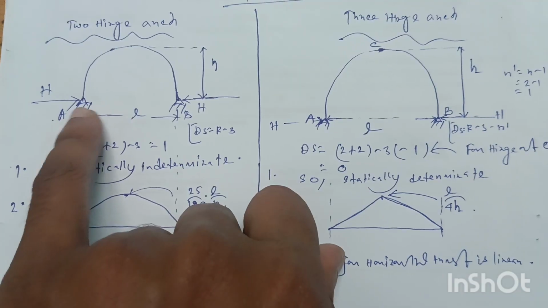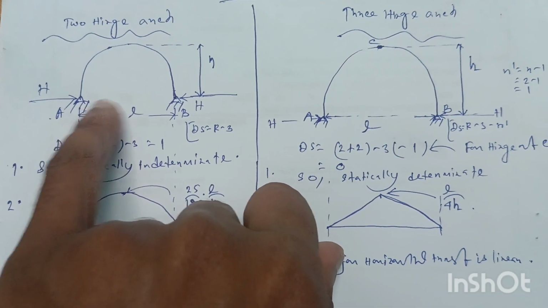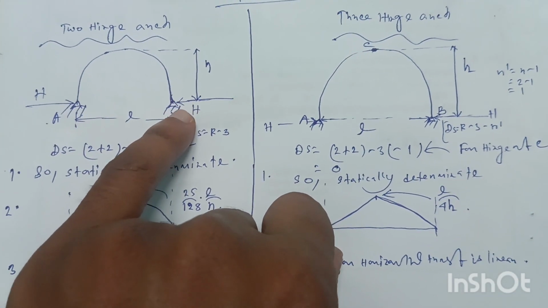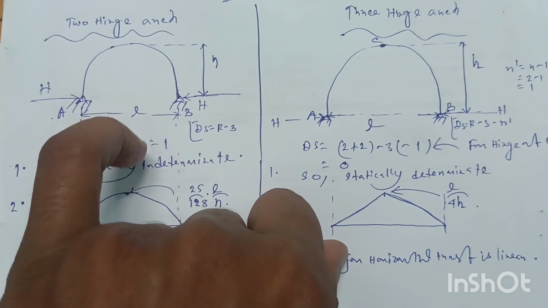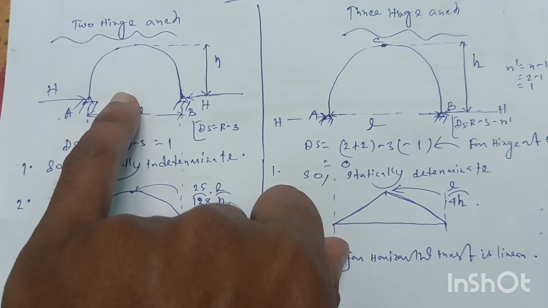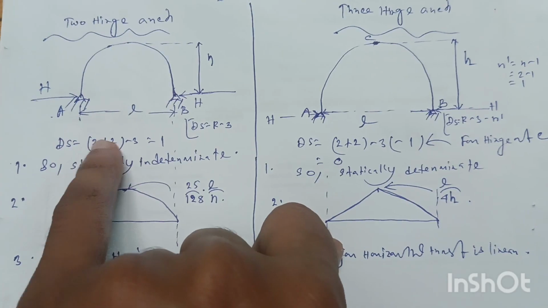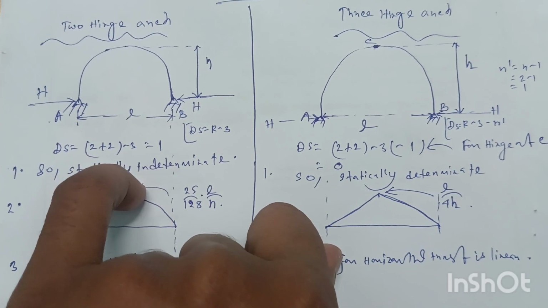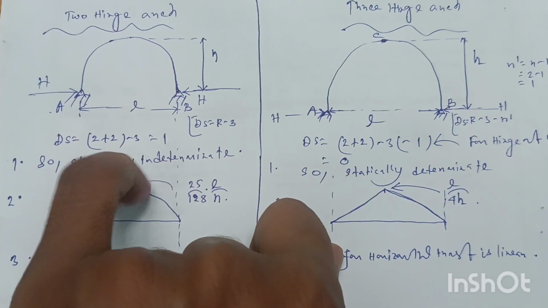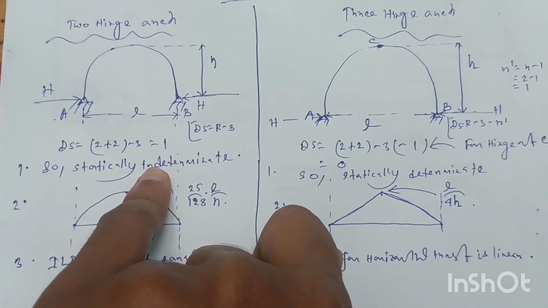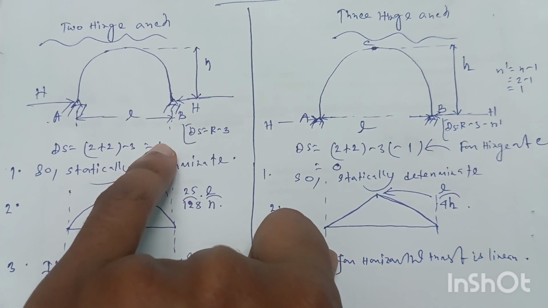So two reaction components from this support and two from this support. 2 means one vertical reaction and one horizontal reaction. No moment will be there for hinge connection. So 2 plus 2 minus 3 equal to 1. So degree of static indeterminacy of this 2-hinge arch is 1. So this is a statically indeterminate structure by 1 degree.